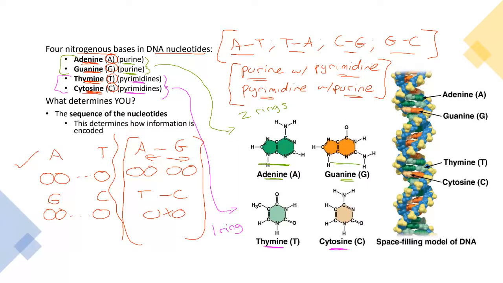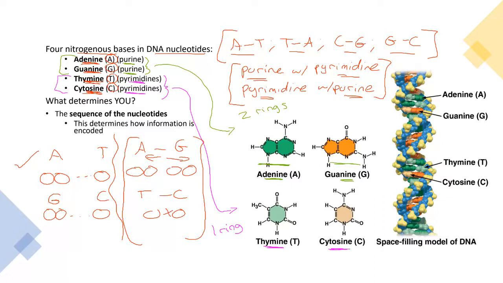Just as an example, I'm going to erase this, so please make sure you copy this. Pause this and copy this. I want you to be responsible for this. In class or on the exam, I'm going to give you a sequence, and you will have to give me the complementary pairing.